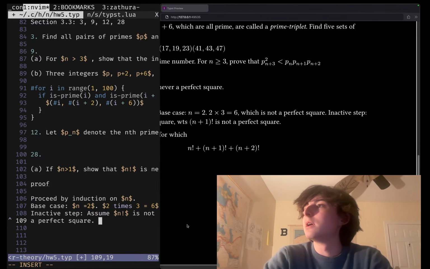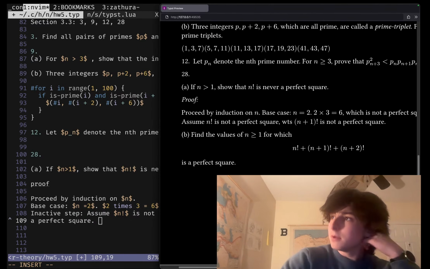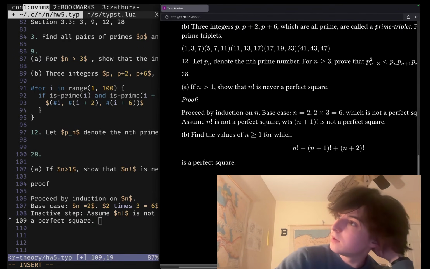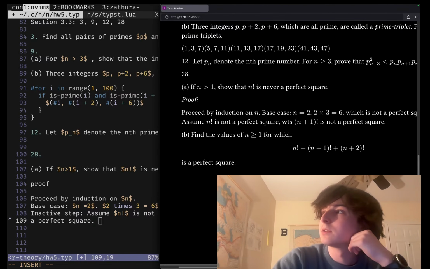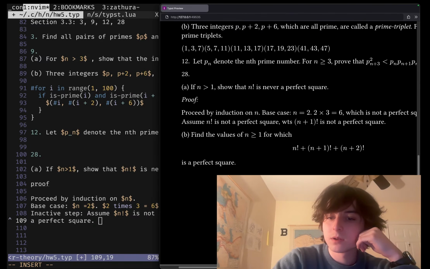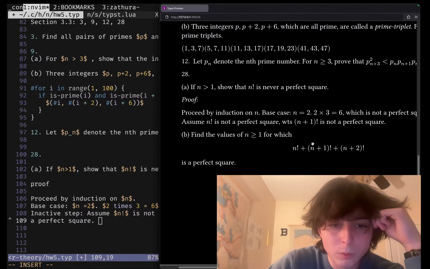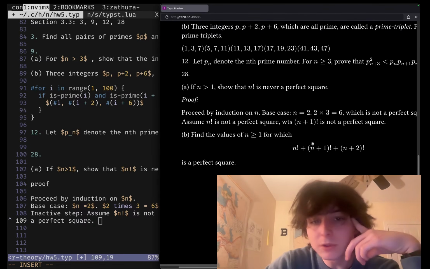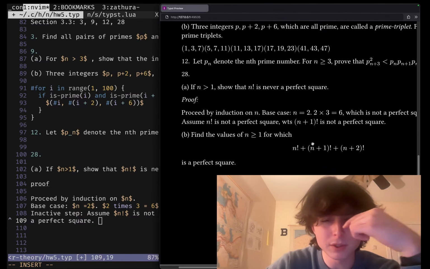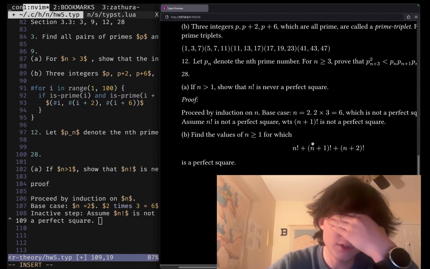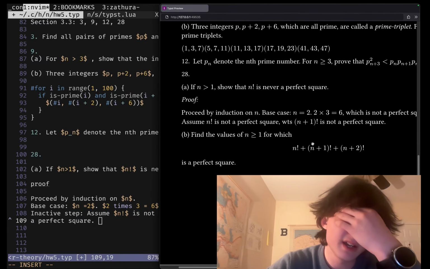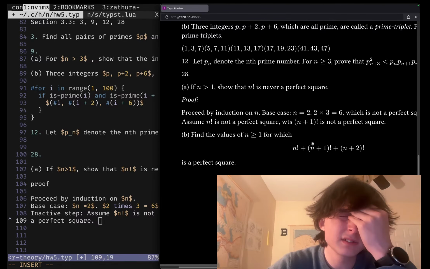Okay. So then n plus 1 factorial equals n factorial times n plus 1. And we know that n factorial isn't a perfect square.